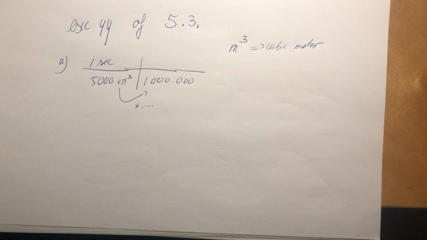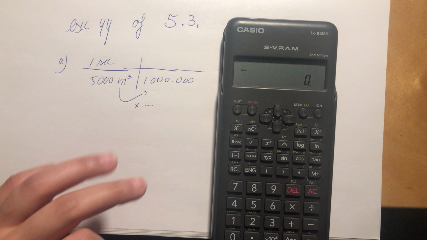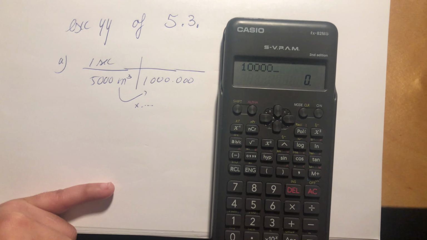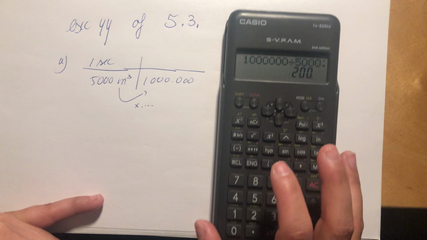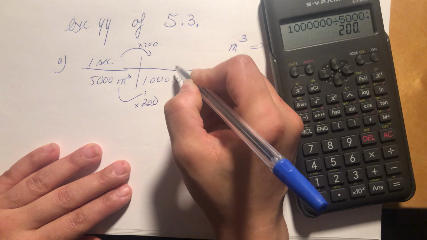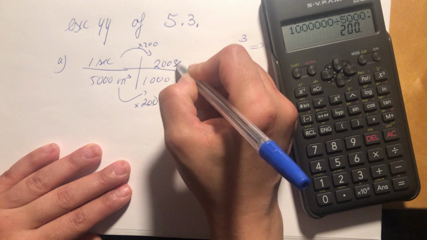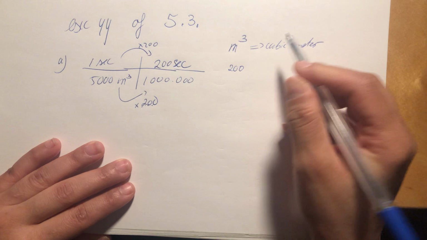Now, grab the calculators because, of course, you need a calculator. What you can do is 1 million divided by 5,000. And then eventually you get 200. So you know 1 times 200, it takes 200 seconds. And you want to know how many minutes that is.